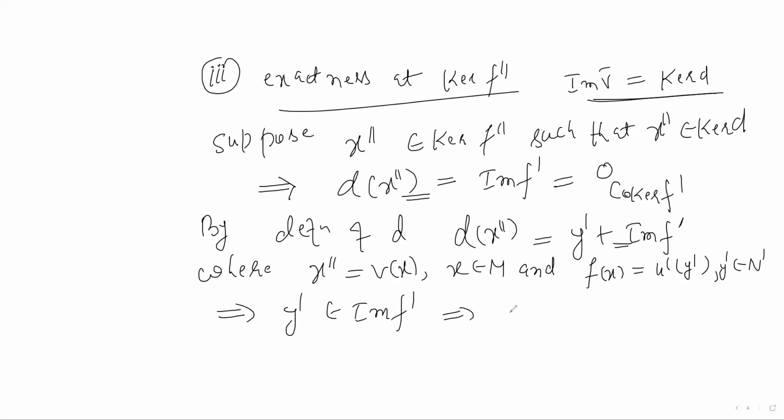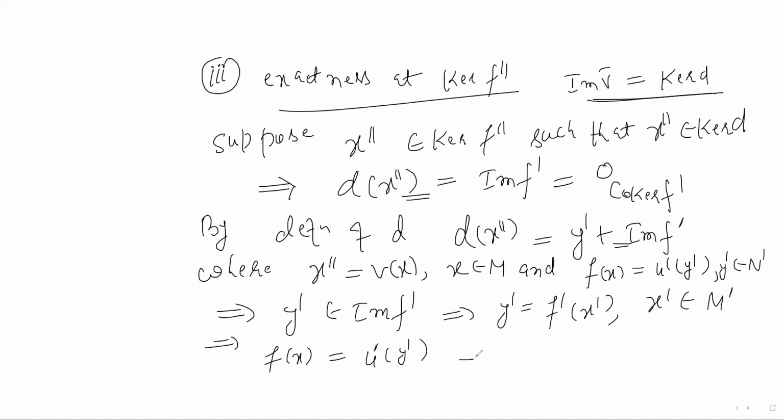So this means your y dash is say f dash x dash, where x dash is in m dash. So this means your f of x is actually u dash y dash. तो y dash की ये वैल्यू है, so u dash f dash x dash.